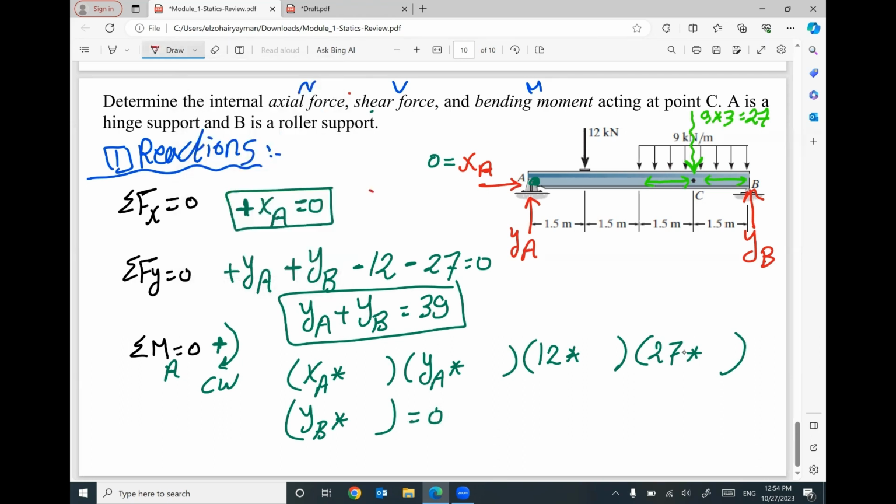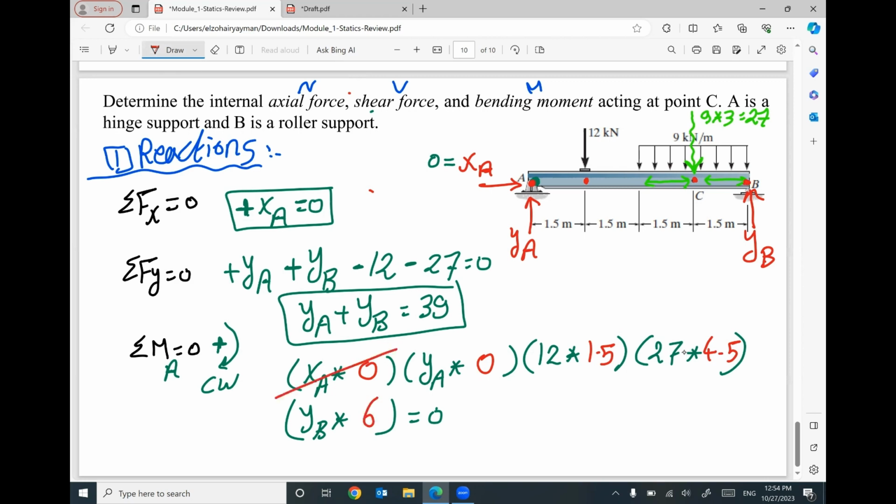What is the distance between XA and A? 0. YA and A? 0. 12 at this point and A? 1.5 meter. 27 at this point and A? It's 4.5 meter. YB at B and A? It will be 6 meter.